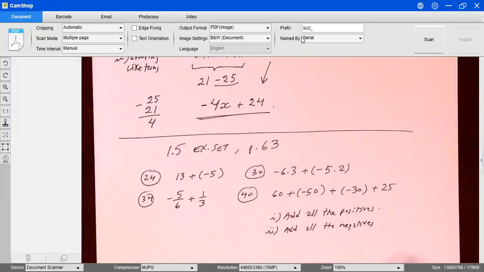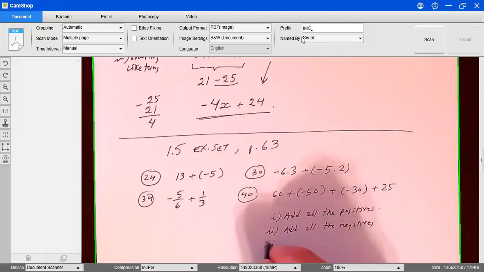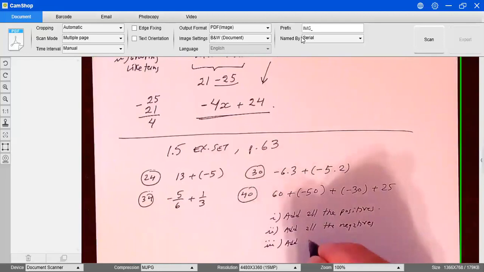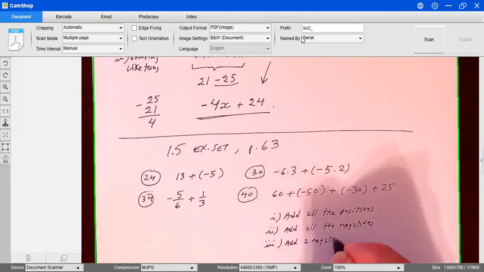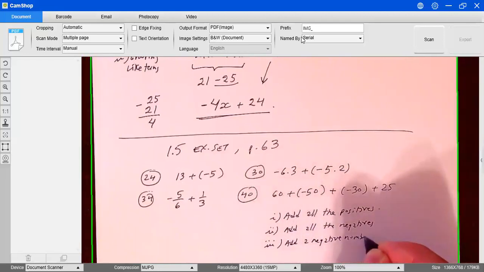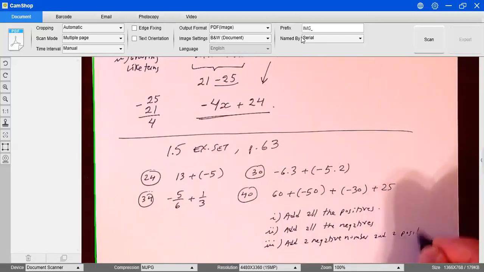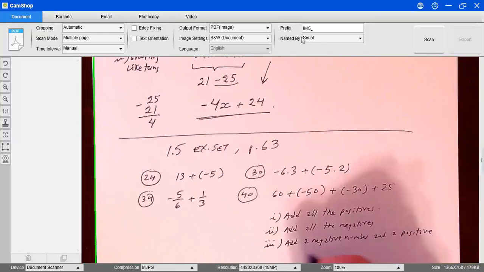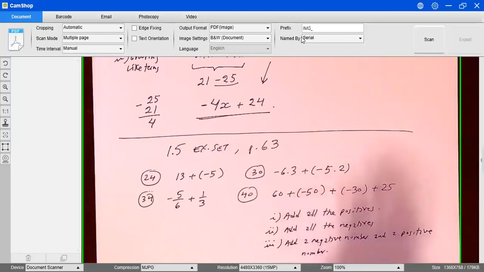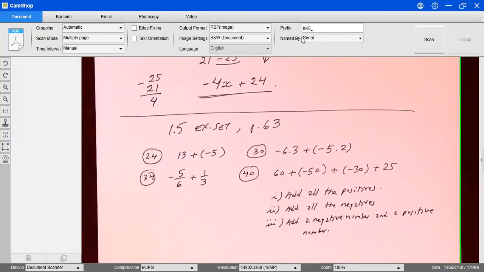And then you're going to end up with a positive number and a negative number, and then you know how to proceed. So at the end, you're going to add a negative number and a positive number. Okay, so that's just a recommendation.